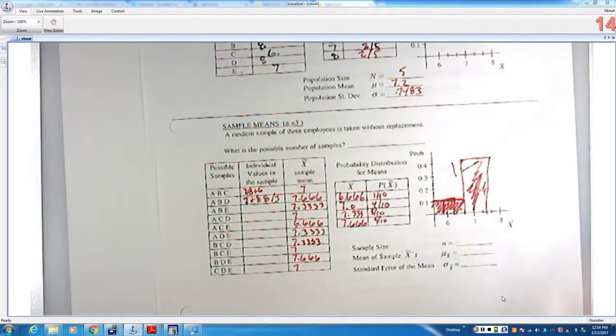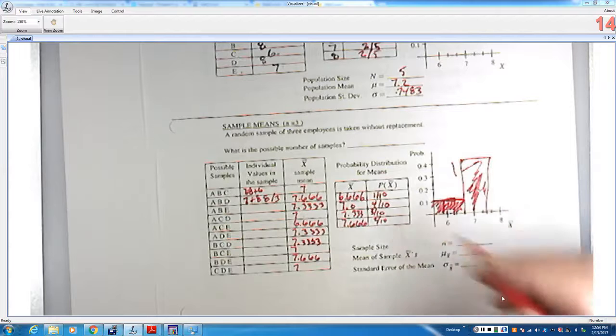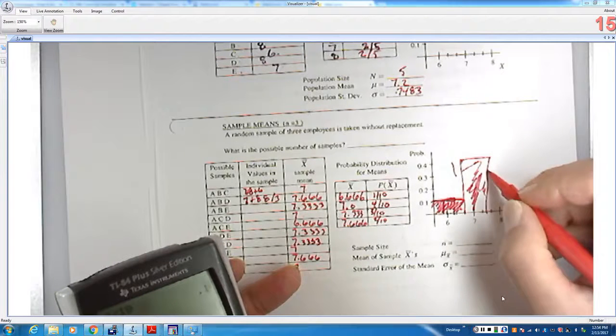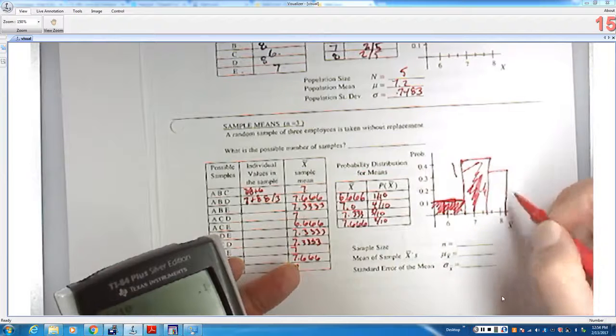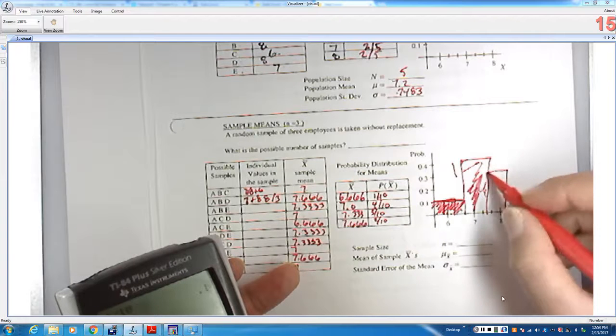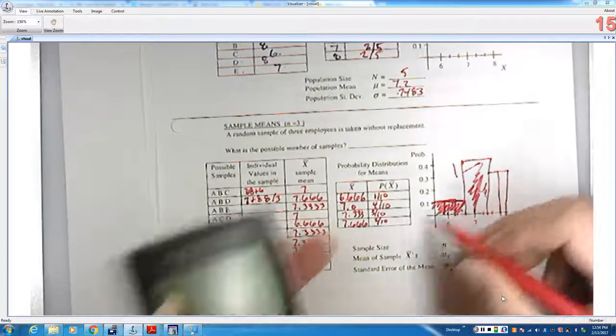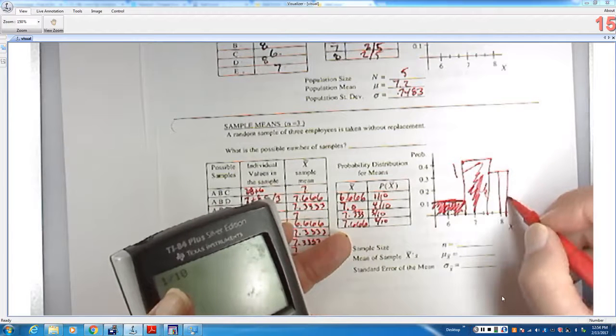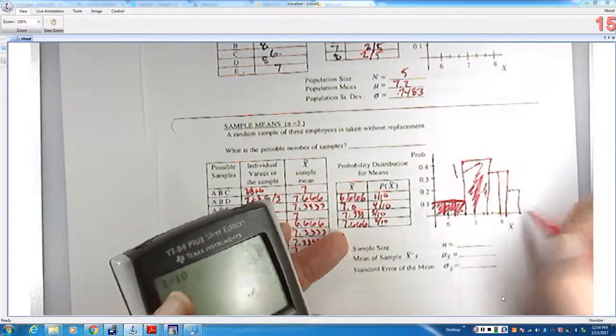And this is kind of guesstimating, okay? What about 7.333? That's 3/10, so it's going to be around here, right? And then we have 7.666, and that's going to be 2/10 like that.